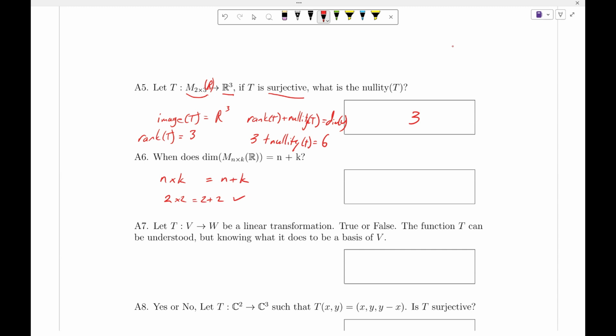This is true if both n and k are 2. But this is the big setup: what two numbers do you multiply and add and get the same result?